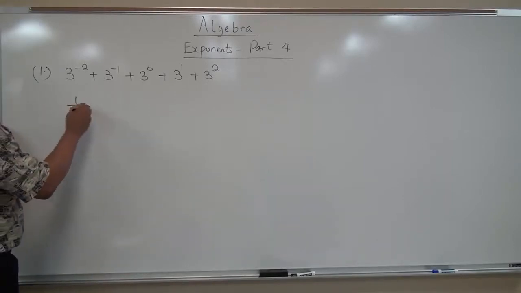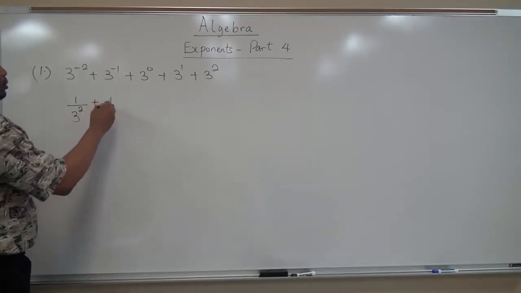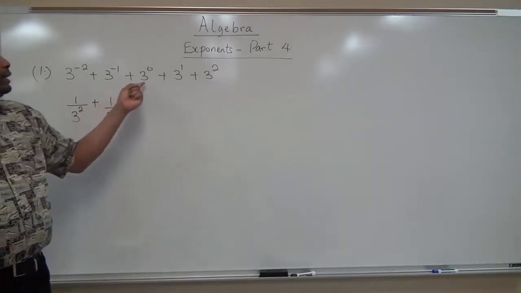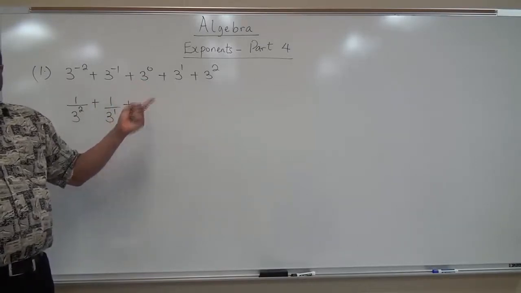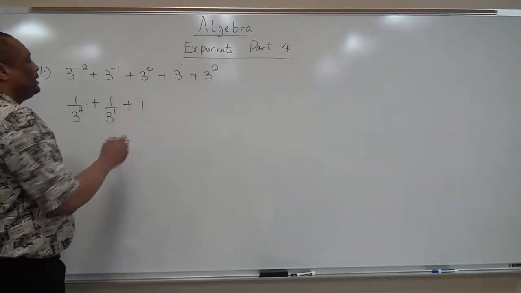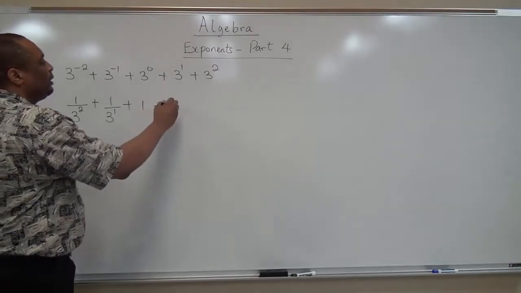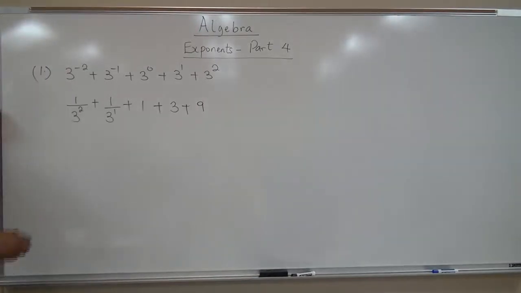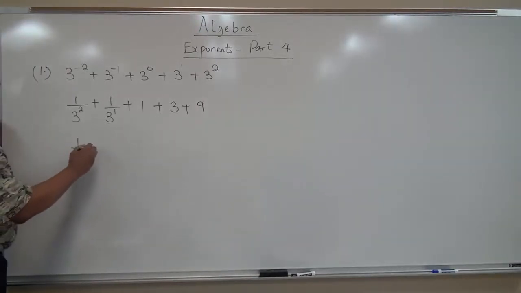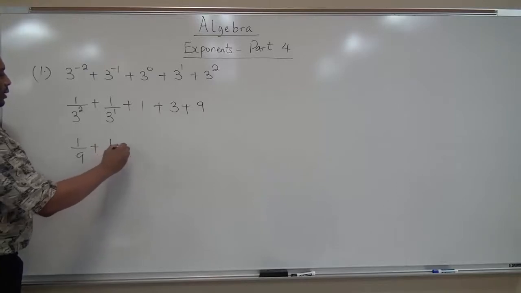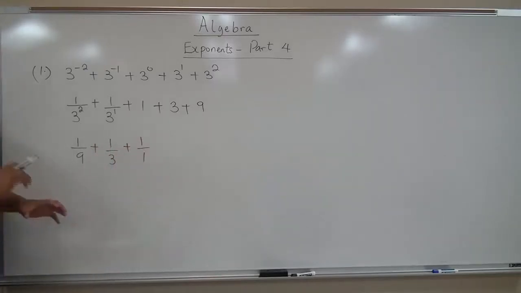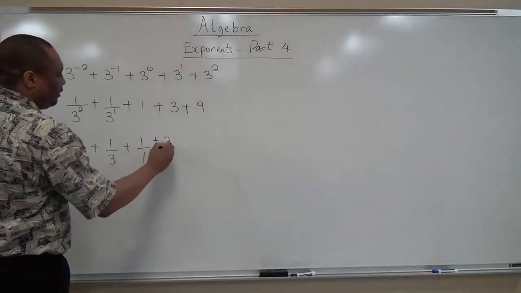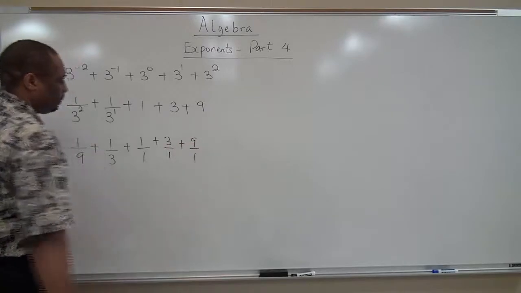So this is 1 over 3 squared plus 1 over 3 exponent 1, plus, by the law of exponents, anything to exponent 0 is 1. So this is 1 plus 3 exponent 1 is 3 plus 3 exponent 2 is 9. So this will be 1 over 9 plus 1 over 3 plus 1 over 1. We can make all these fractions, okay? Plus 3 over 1 plus 9 over 1.